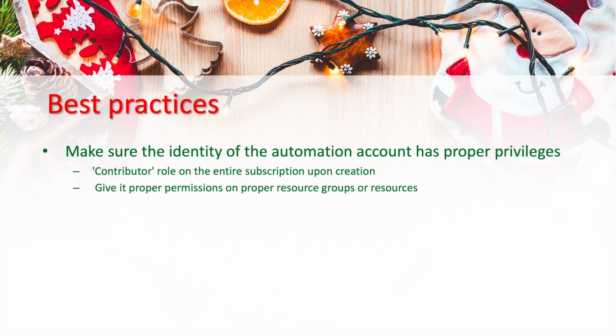Also make sure that the identity of the automation account has proper privileges. As we mentioned above, by default, that identity has the contributor role on the entire subscription. You might want to remove that permission and give it proper permissions on proper resource groups or even on resources.